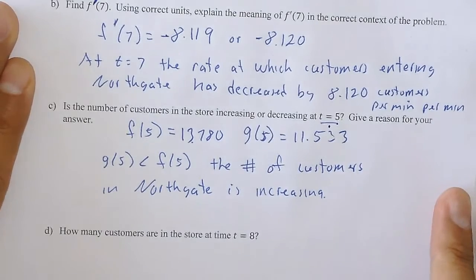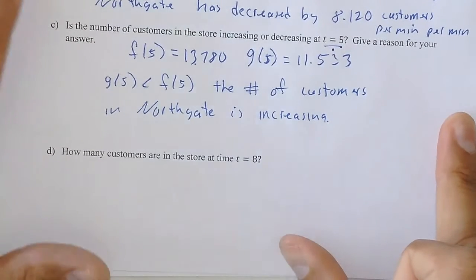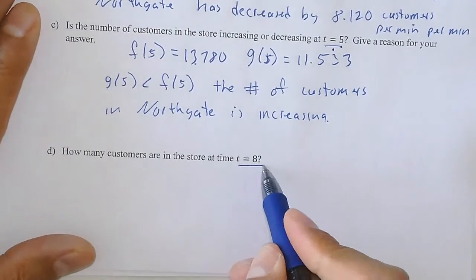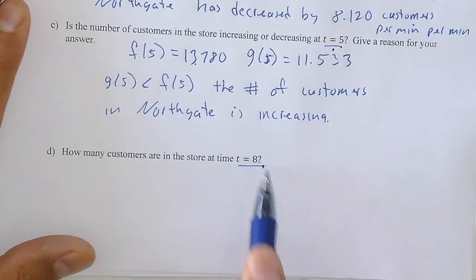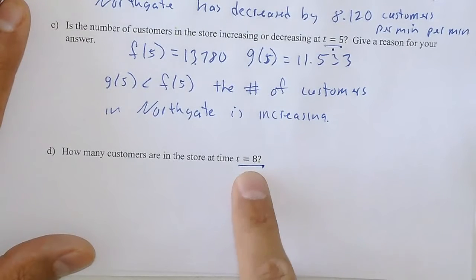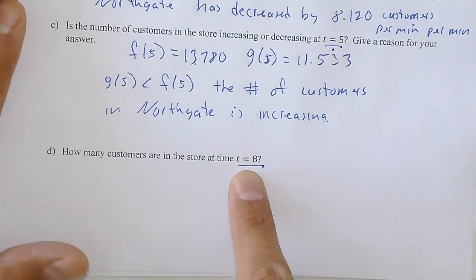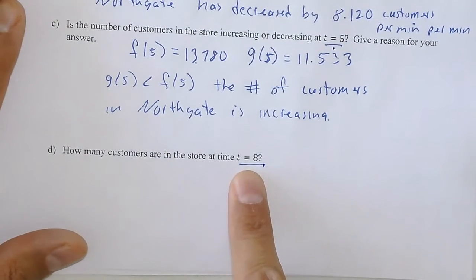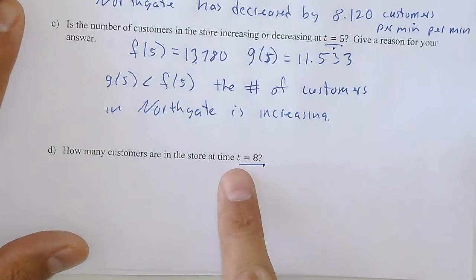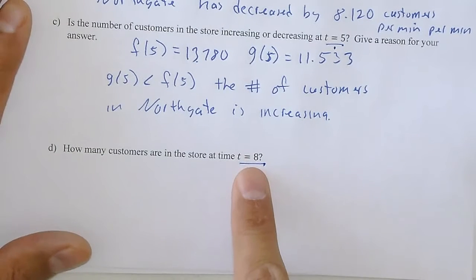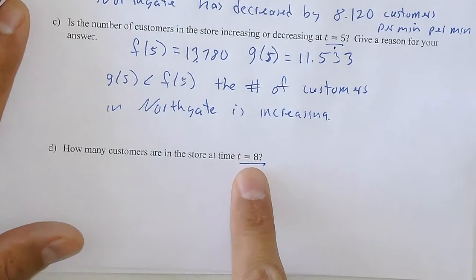So I need to start with that 50 people in the store, and then I could integrate. I could add the number of people coming in. And I need to make sure that I keep track of the people that were leaving. So I'm going to subtract the people that were leaving from 3 to 8.